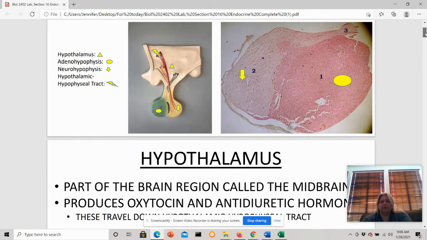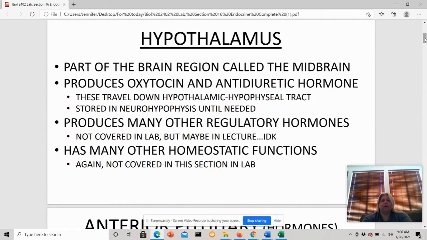So let's move on. The hypothalamus is in the brain, it's part of the brain. It's in a region of the brain called the midbrain, and it produces, again, a number of hormones, but 2 specific ones we talk about are oxytocin and antidiuretic hormone, or ADH.